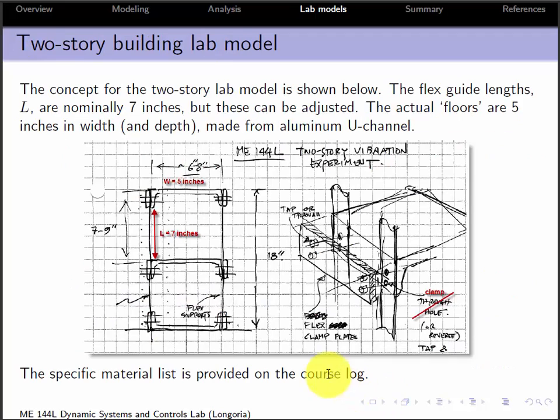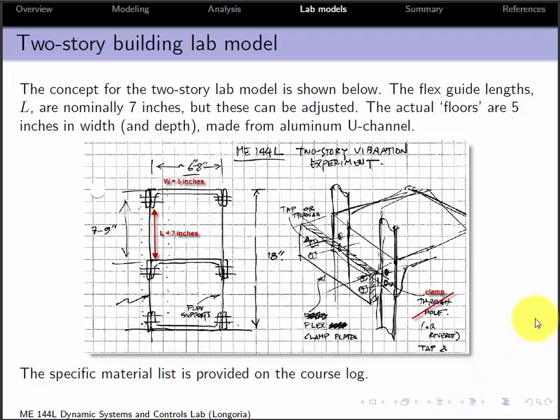Okay. So let's take a look at the first few steps before I show you how to estimate some of the other parameters, the system parameters, natural frequency and damping. I'm just trying to show you, when designing this experiment, I sketched out the concept of this flex guide using these U channels.